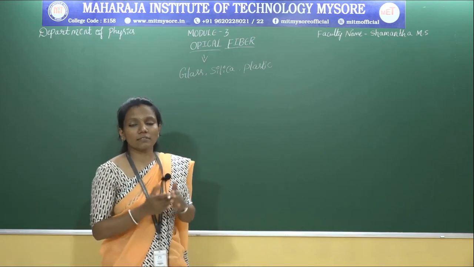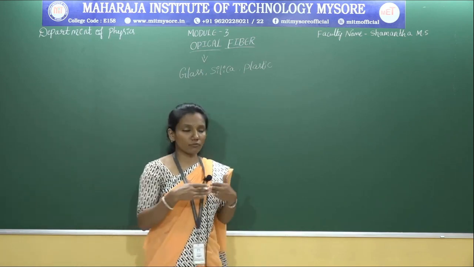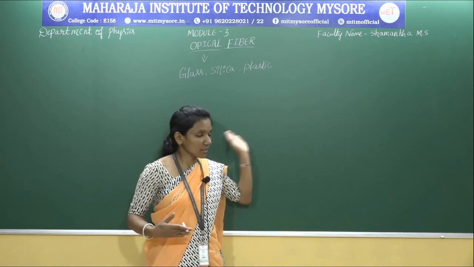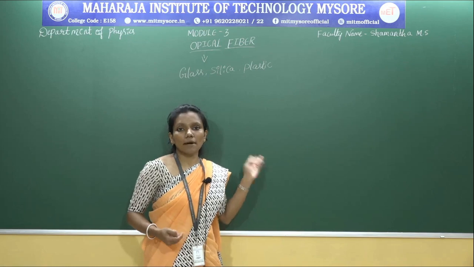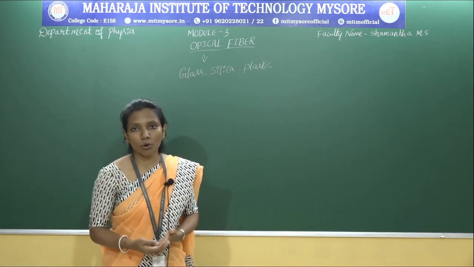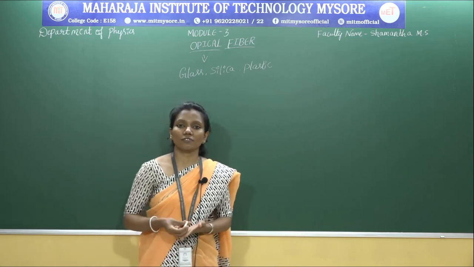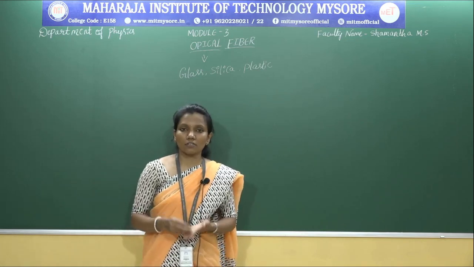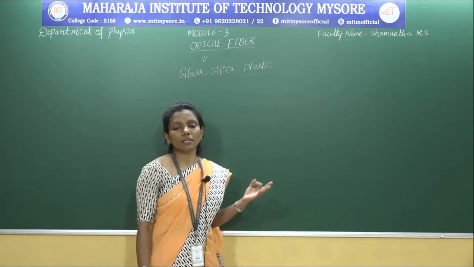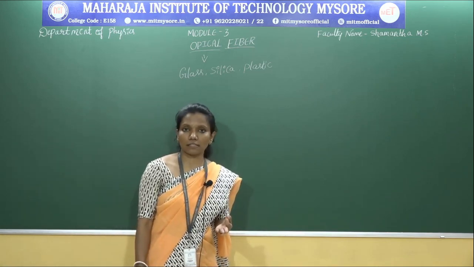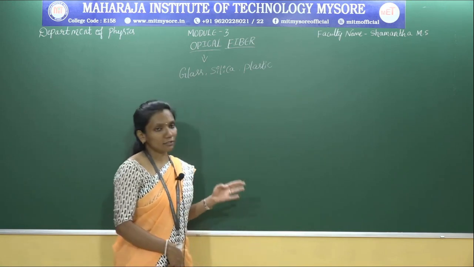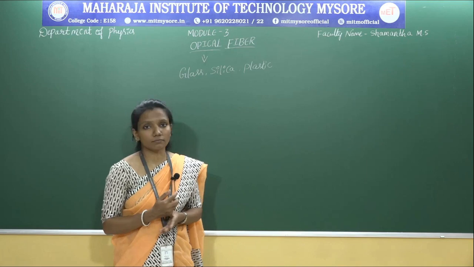It will carry the information easily from one point to another without any loss of signals. Optical fibers are widely used for communication purposes, to transfer data from one end to the other.